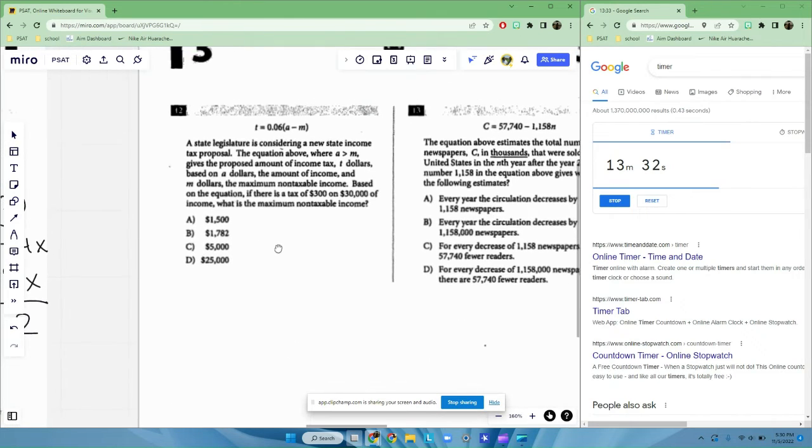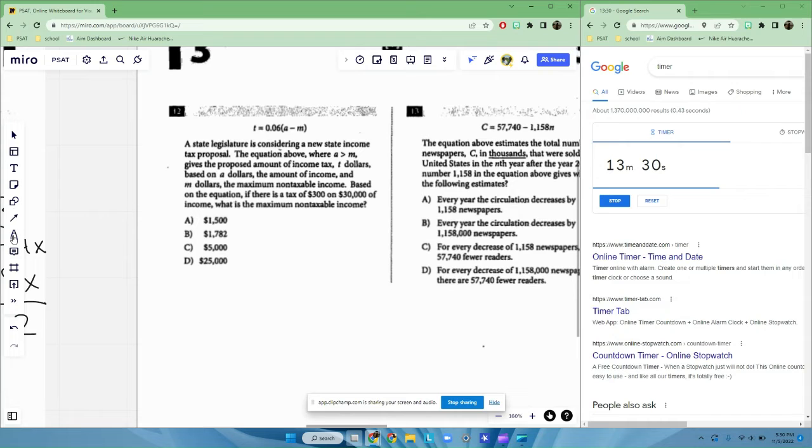All right, next question. So we have a state legislature considering a new state income tax proposal. The equation, where A is greater than M, gives the proposed amount of income tax T dollars based on A dollars, the amount of income, and M dollars, the maximum non-taxable income. Based on the equation, if there's a tax of 300 on $30,000 of income, what is the maximum non-taxable income?